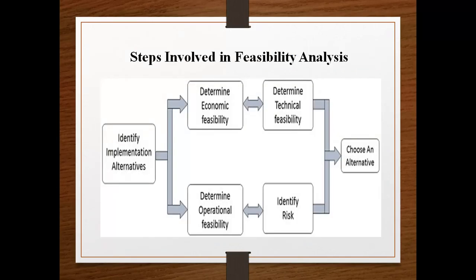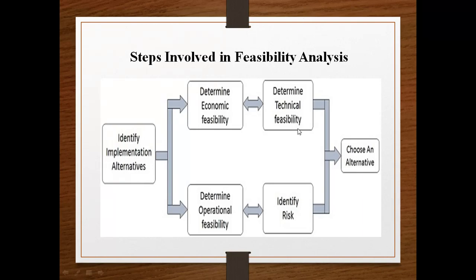So these are the few steps involved in feasibility study. The moment you identify that you are going to do a system, you identify the implementation alternatives. Then you are going to decide these feasibilities. First, economic feasibility: is your project economically sound, or will it satisfy you economically?